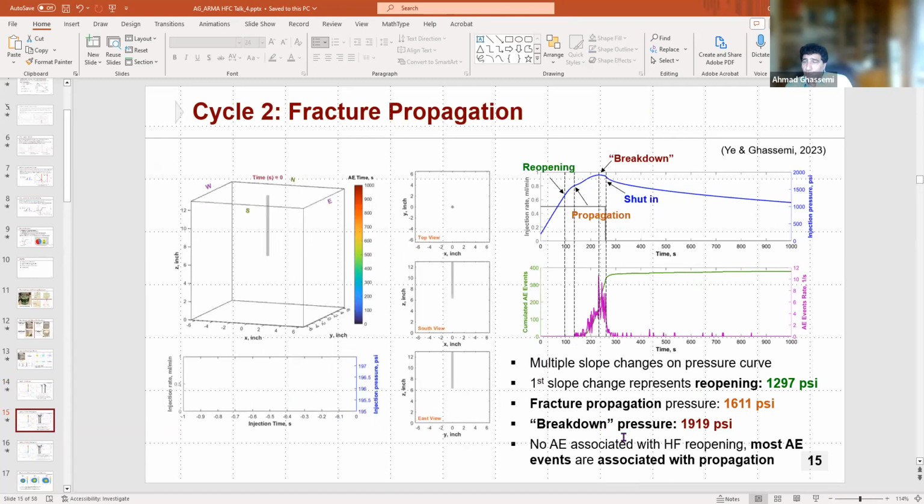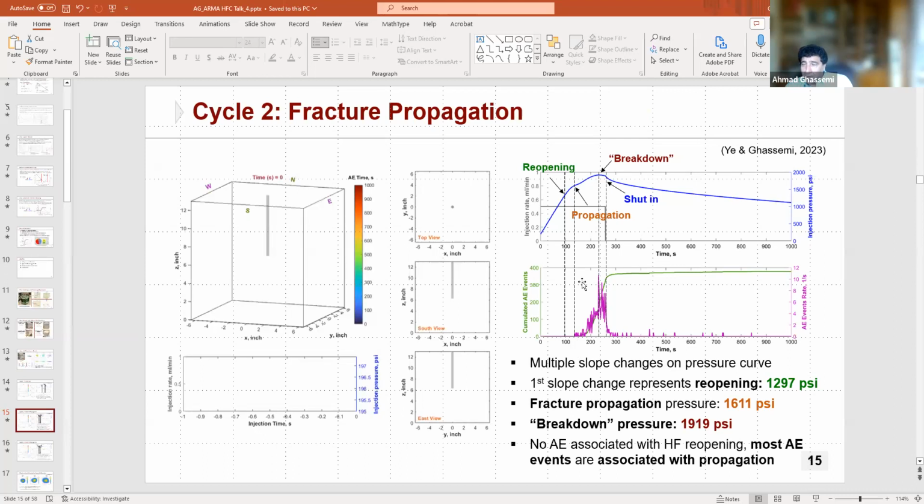So this is cycle 2, and I won't play the movie, just say a few words about what we observed. In cycle 2, of course, we have the fracture reopening stage, and you'll note here on the lower figure on the right that the AE event count is plotted, and you can see that during reopening, we did not see a whole lot of, very few or no acoustic emission events.